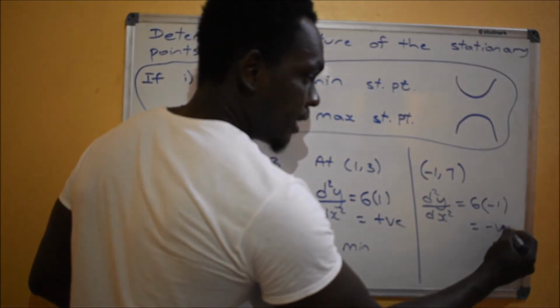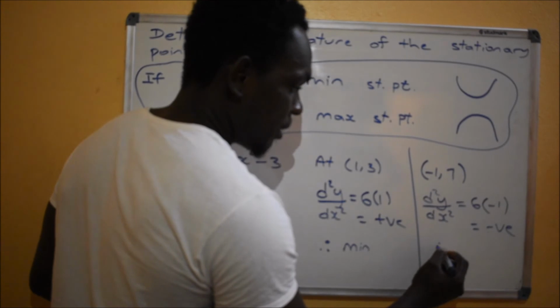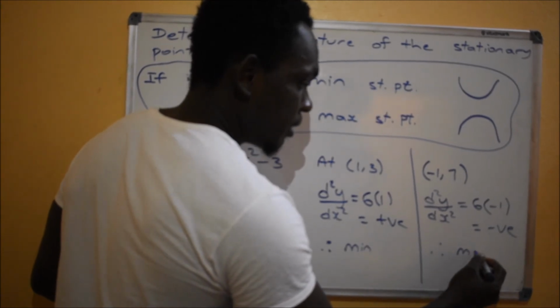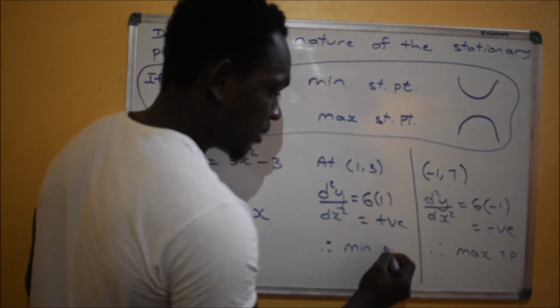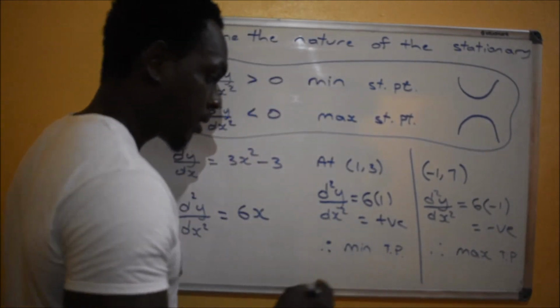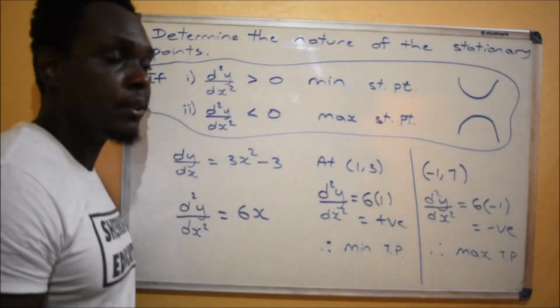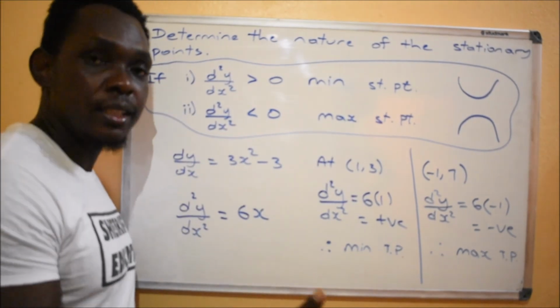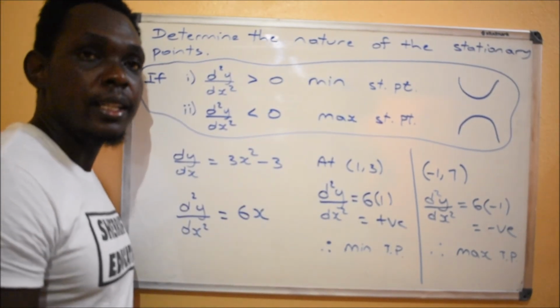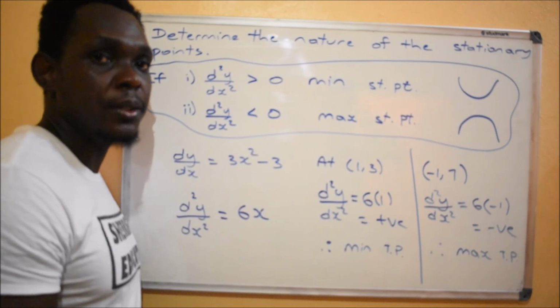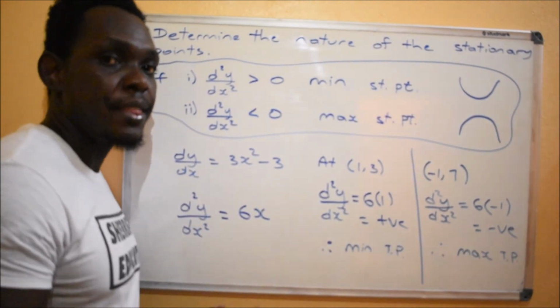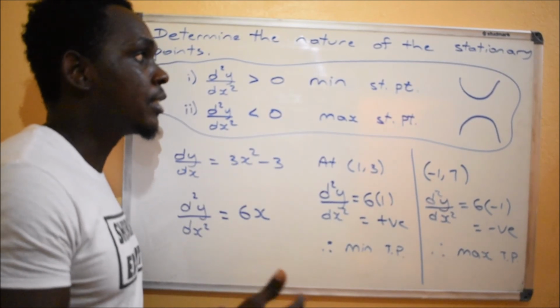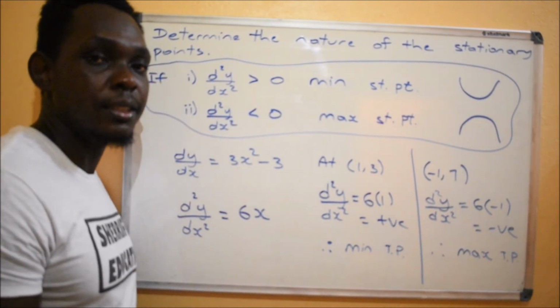So we have a negative value, and therefore this is a maximum turning point. And that's how we evaluate the nature of our stationary points. It is also possible for you to be asked to classify the stationary points. That is the same thing as determining the nature of the stationary points.